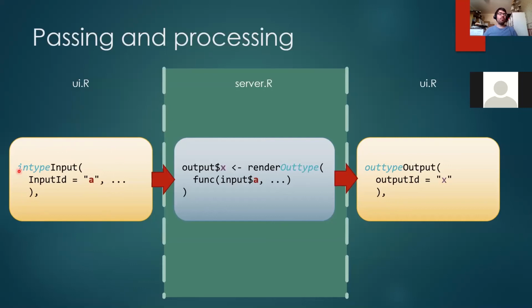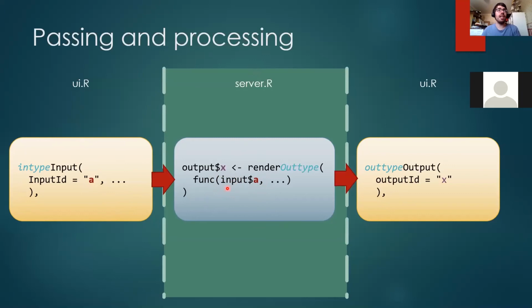When the browser is given a value here, that passes it over to the server, which is accessible through this object, input A. You see it's what's in quotation marks here then becomes a named object as part of the input object itself.